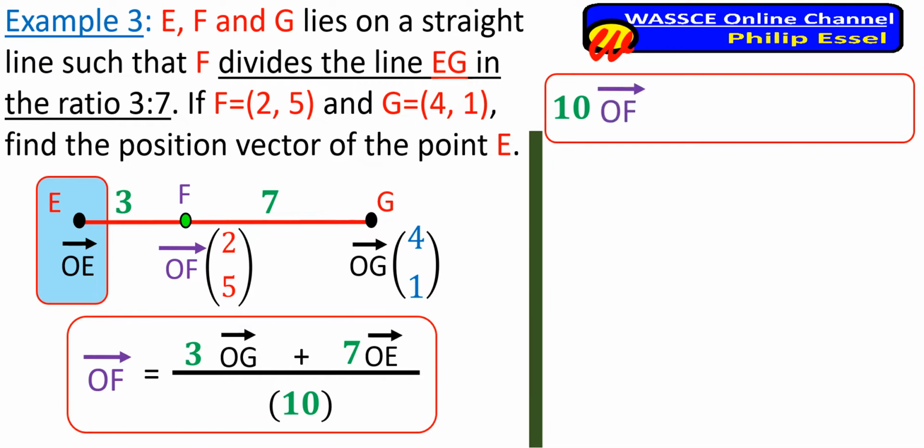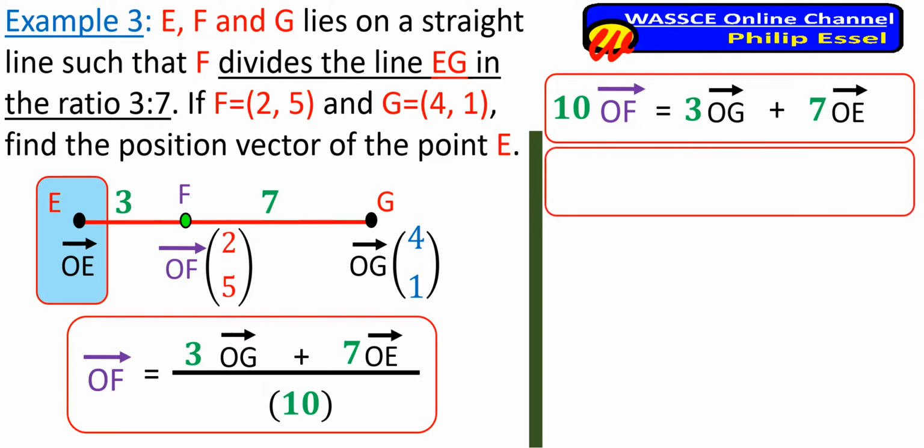multiplied by the position vector OF, and this will be equal to 3 multiplied by the position vector OG plus 7 multiplied by the position vector OE.